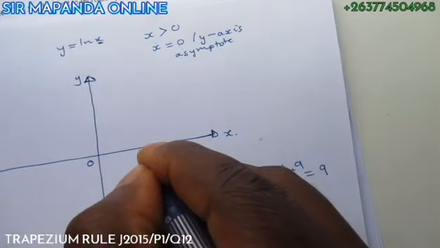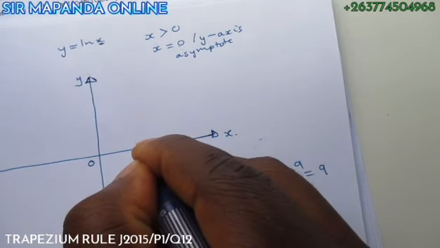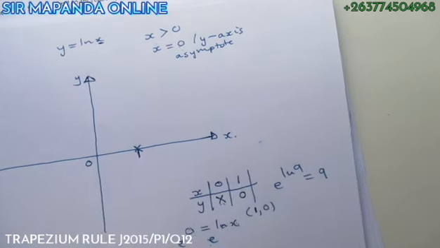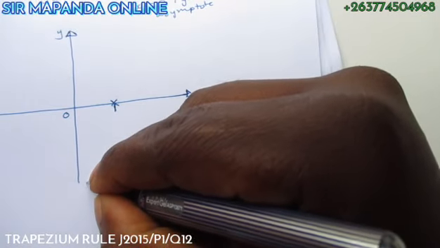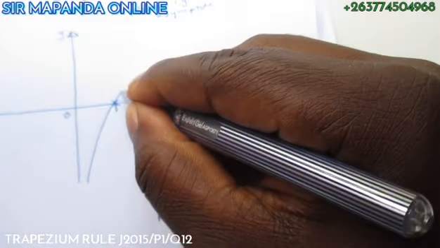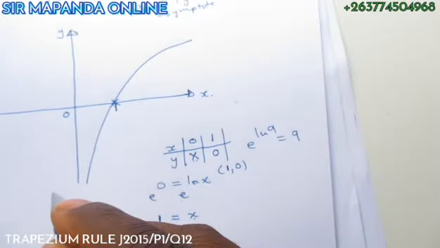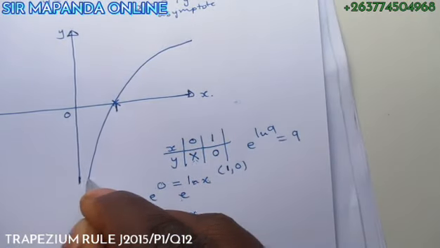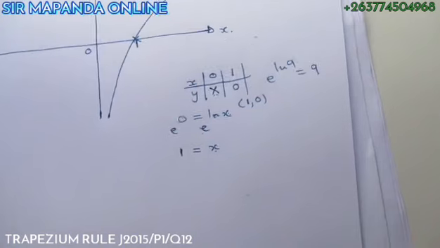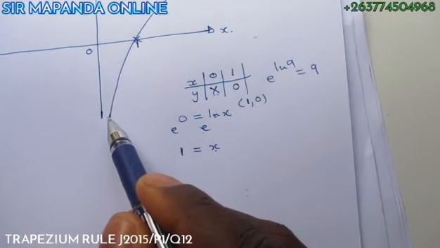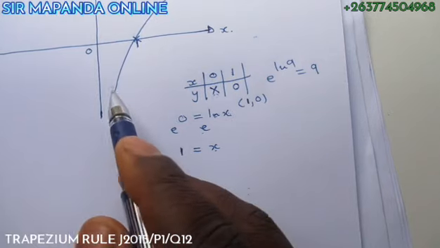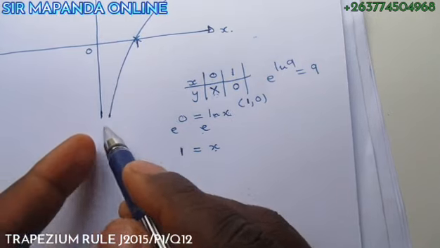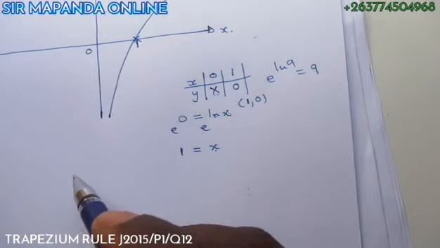This is our origin, and this is (1, 0), where the graph is passing through. So when drawing, you approach the y-axis, but you don't touch it. You need to draw in such a way that the examiner clearly sees that your graph is not going to touch the y-axis, but it is going to approach the y-axis.